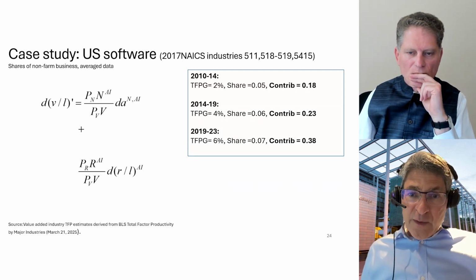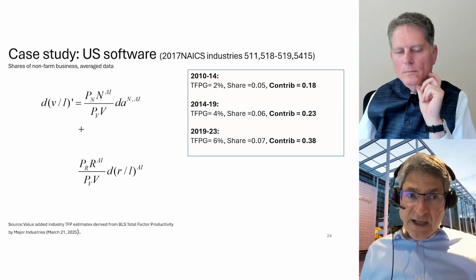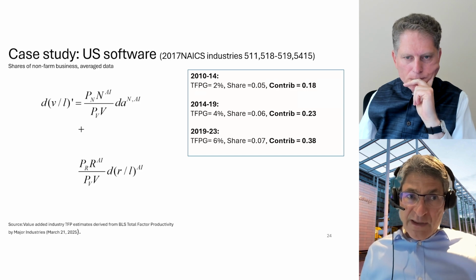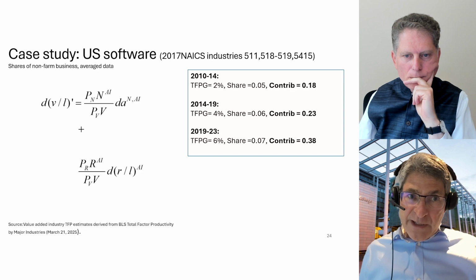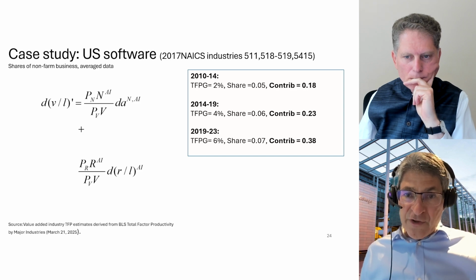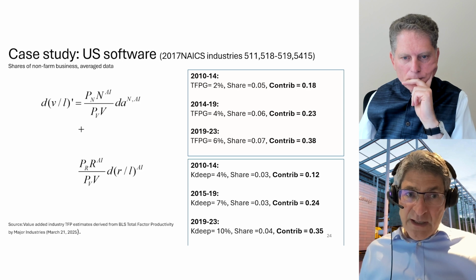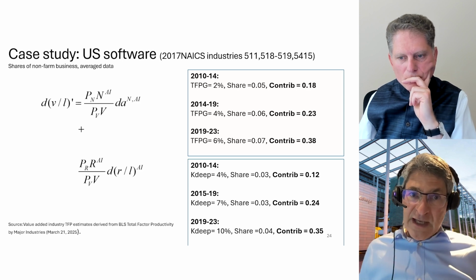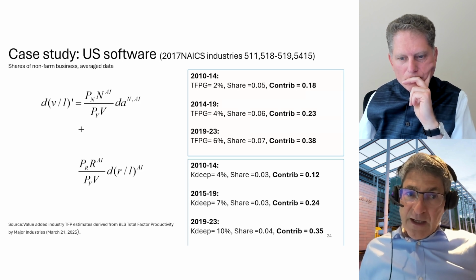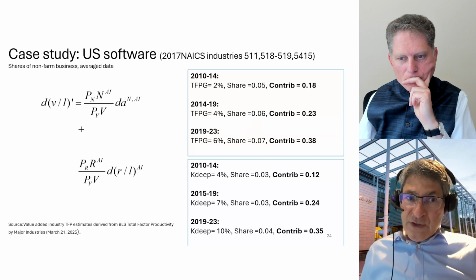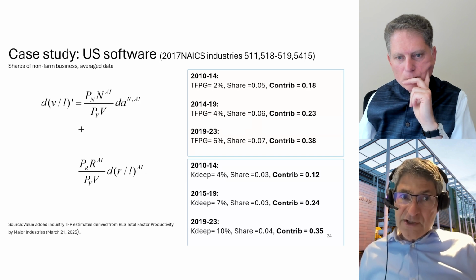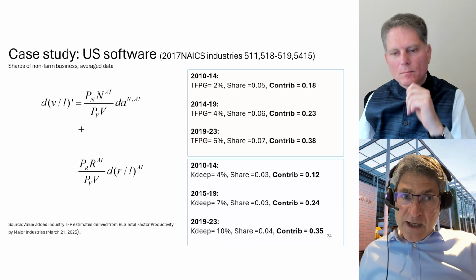I'll say one more thing, which is the most recent data, 2019 to 2023, which I'm animating in now, gets you even bigger numbers. So TFP is now going at 6. The share has gone up, right? Not surprisingly, people are using more, an even bigger contribution. Capital deepening, which was going at 7, is now going at 10. And the share has gone up as well. So we're already talking about quite big contributions just from software alone.